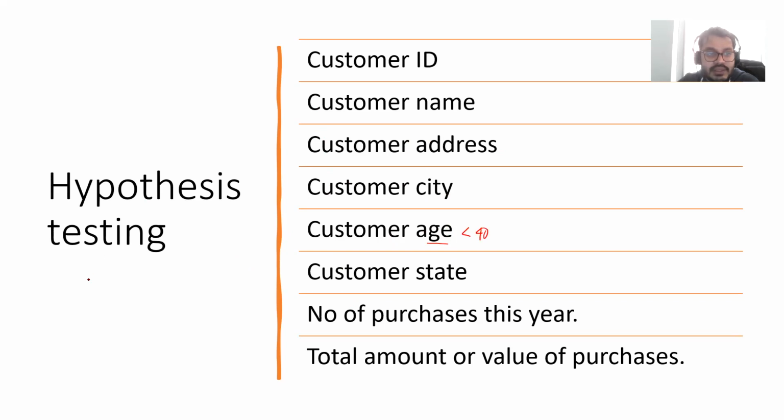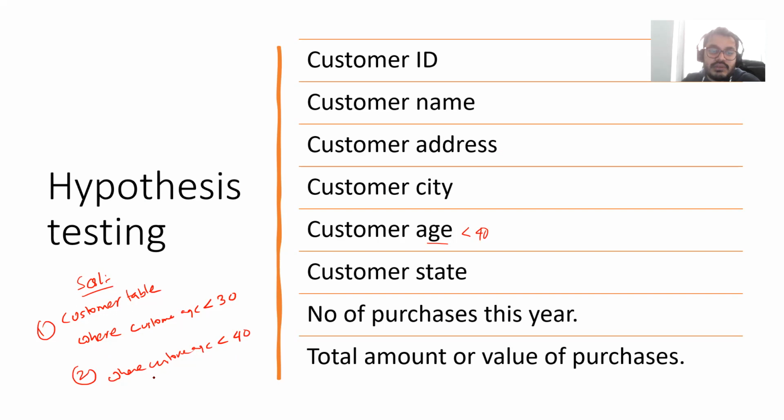If you want to write in SQL, and you have a customer table, you can write your query where customer age is less than 30 as one clause, and where customer age is less than 40 as another condition. In this way you can write your hypothesis in SQL.